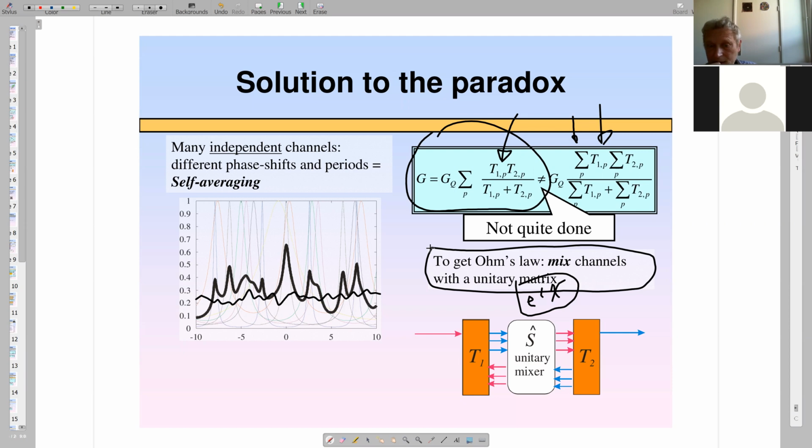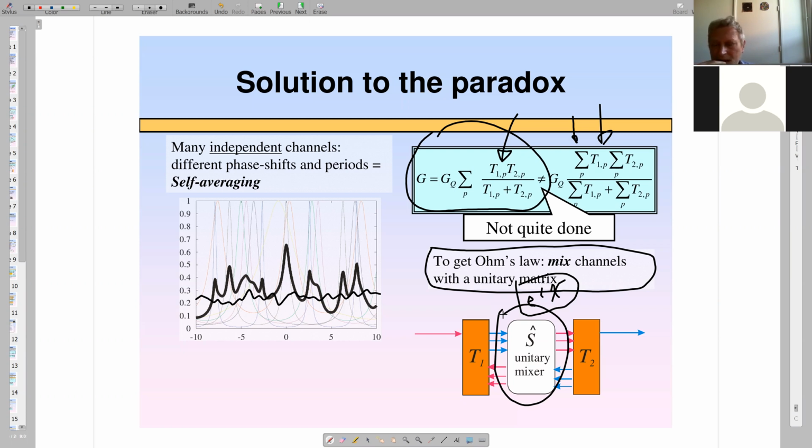So to get Ohm's law of two quantum scatterers with a big number of channels, one has to make, how shall I say, let me remember this silly riddle: A and B, right? A and B, and it appears to be a rather complex object, a unitary mixer, the scattering matrix. And if you do so, we reproduce Ohm's law.